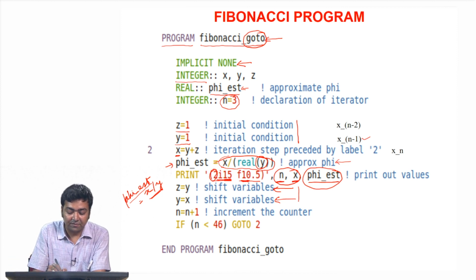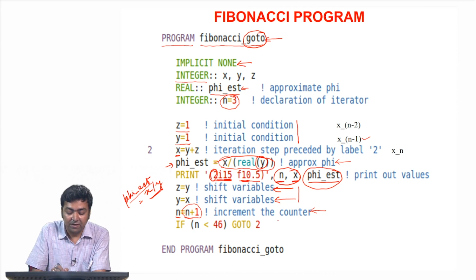Once this reassignment is done, I have my new sets of n minus 1 and n minus 2. Then I increase the counter by 1. So, I reassign n using this assignment statement. Basically, I am adding a value of 1 to the previous value of n.